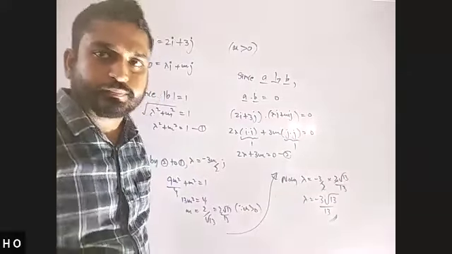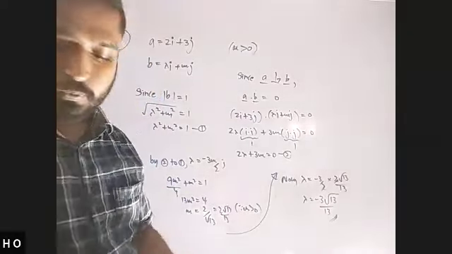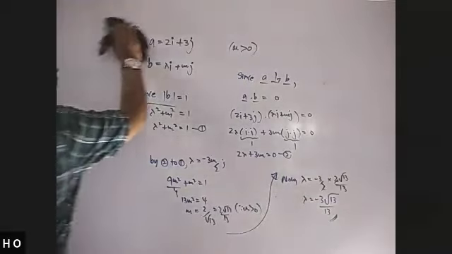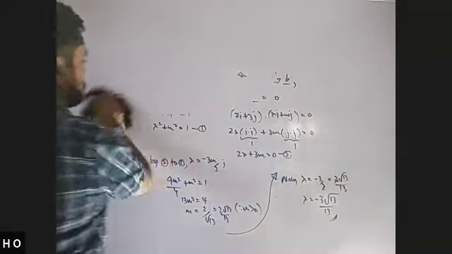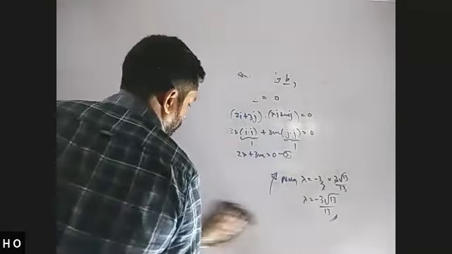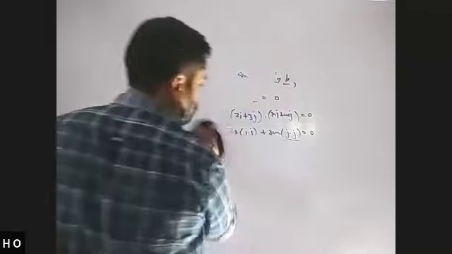All right. Next question. Question number 8 is done. Now question number 9. In question number 9, they ask: find the minimum force that is required to move an object of weight W upward slightly along the line of greatest slope of a rough plane inclined at an angle alpha to the horizontal.